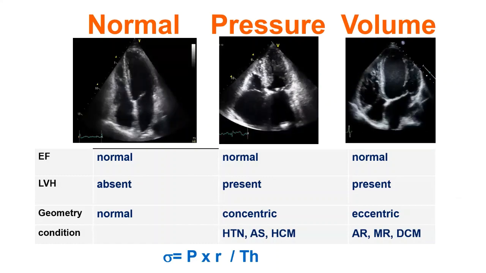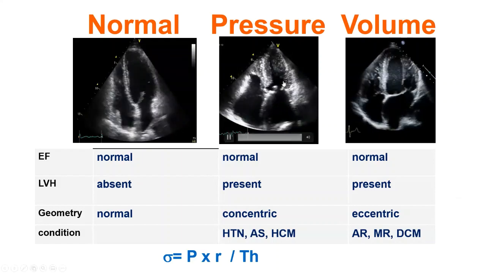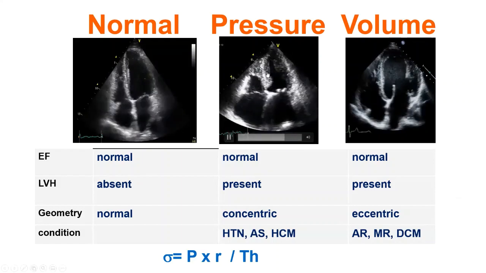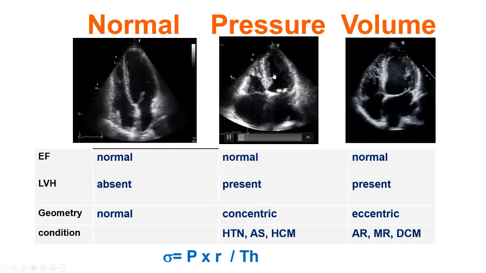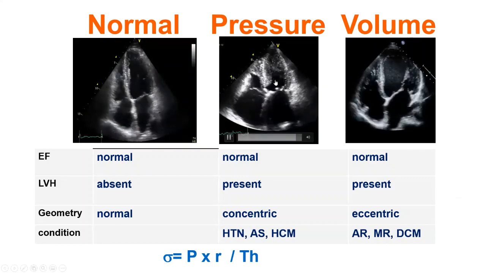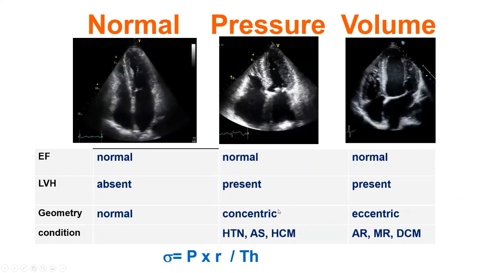So hypertrophy is said to be present, but the pattern we call concentric, because the ratio of thickness to the size of the ventricular cavity is increased. And we'll talk about the partition values in a second.